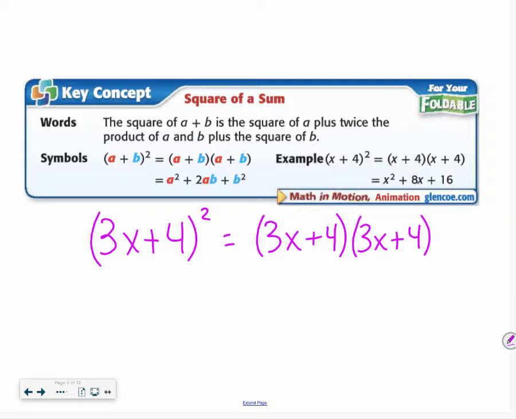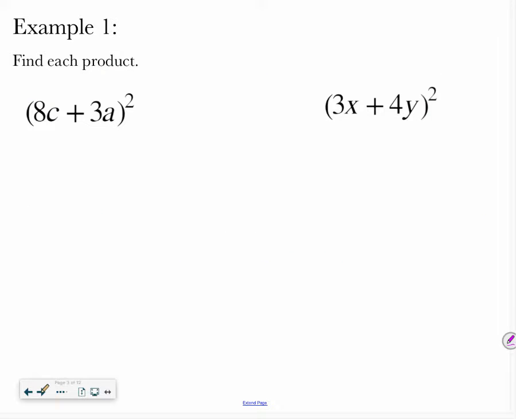So what I'm going to teach you here is a little shortcut to solving these problems. I highly recommend that you take a screenshot of this key concept and then save it in your folder, because knowing and memorizing this is going to help you get faster than even using the FOIL method.